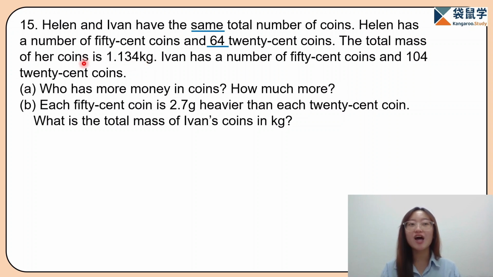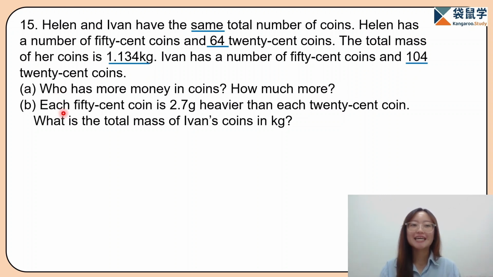So we are given that her weight of the coins is 1.134. Let's underline. Ivan has a number of 50-cent coins and 104 20-cent coins. Underline 104. Part A asks, who has more money in coins and how much more?